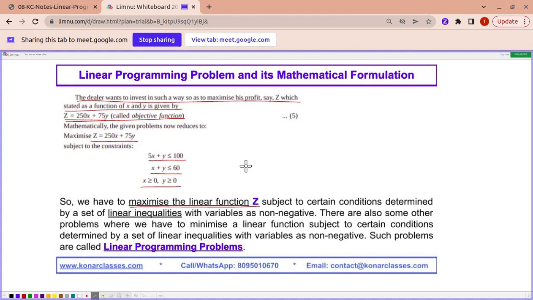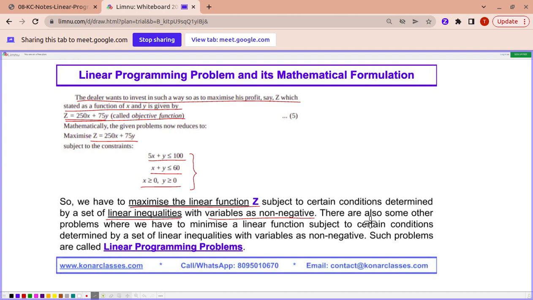Subject to certain conditions determined by a set of linear inequalities. If you see, dear students, all these are linear inequalities with non-negative variables, quite obvious. There are also some other problems where we have to minimize a linear function. In this case we are maximizing a linear objective function, but there could be other problems, for example where we need to minimize the cost, or minimize the resources.